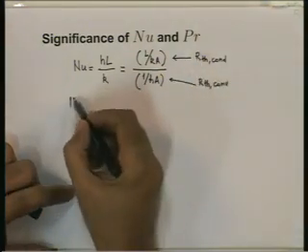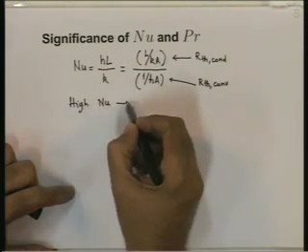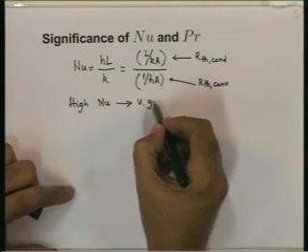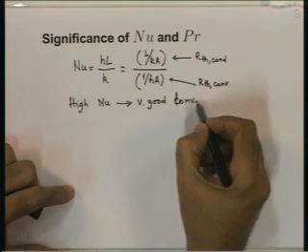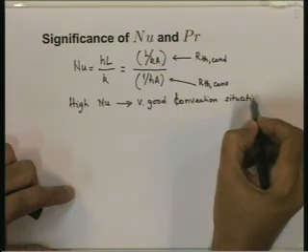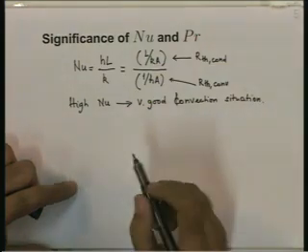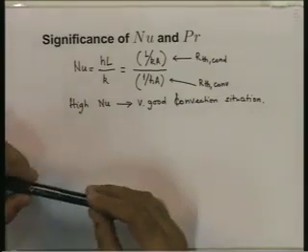So a high Nusselt number represents a very good convection situation. If we have a situation of forced convection, more effective forced convection effects would mean that the Nusselt number is high.